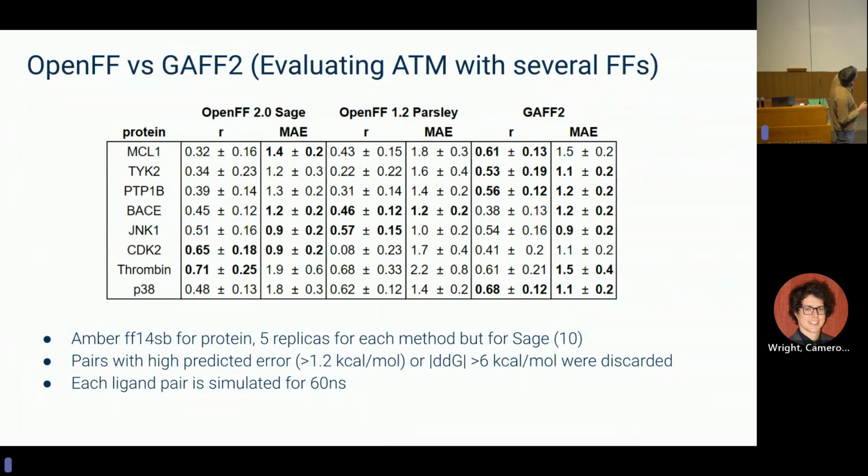OpenFF 2.0 does seem to be better than OpenFF 1.2, but I don't see a significant improvement. Sometimes GAFF2 is better, so we're still at a level that, at least in our hands, is not particularly better than GAFF2, and this was a little bit surprising to us.